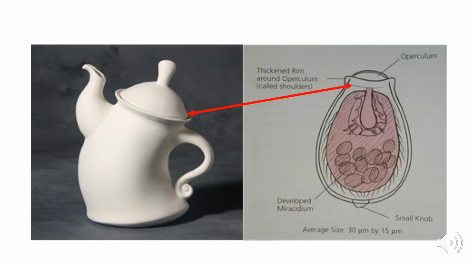To make it easy for you to remember the description of the ova of Clonorchis and Opisthorchis, I want you to compare it to a teapot. The cover of the teapot is situated on a prominent area within the body of the teapot. That prominent area is equivalent to the shoulder of the eggshell of the ovum of Clonorchis or Opisthorchis.